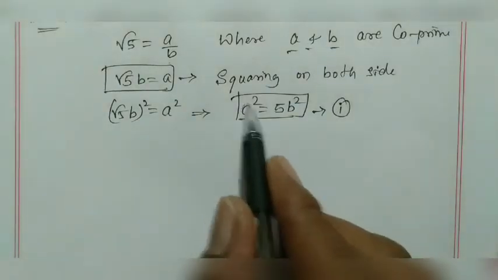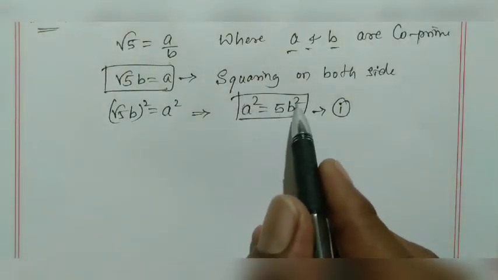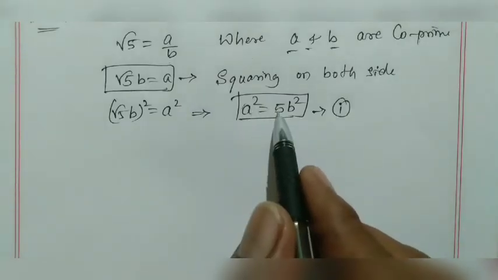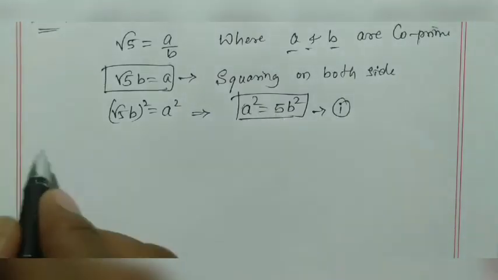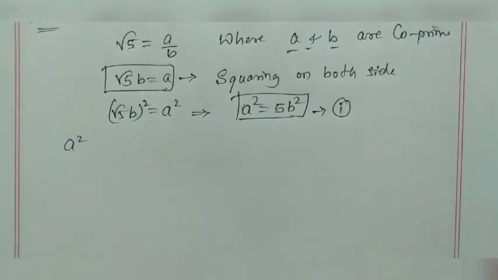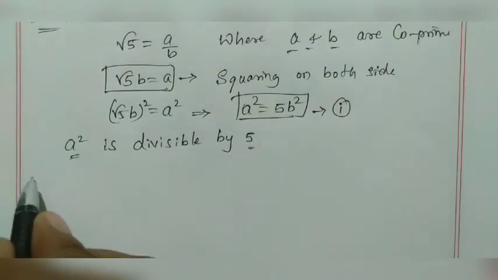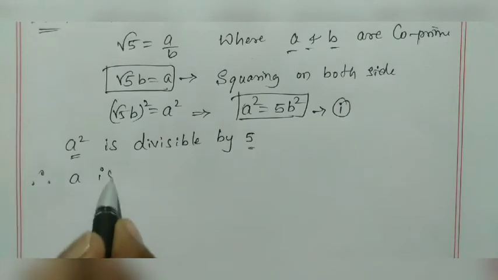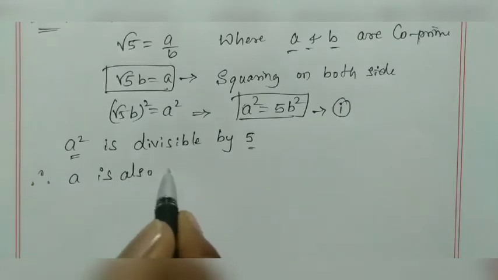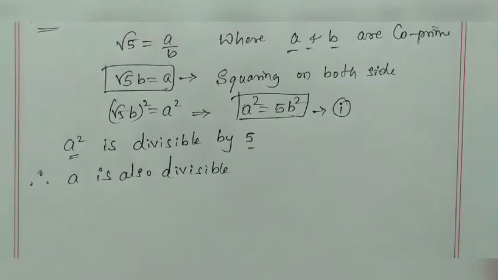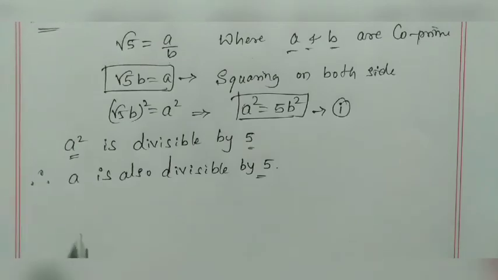See here, a squared is equal to 5b squared. This means a squared is divisible by 5. If a squared is divisible by 5, therefore a is also divisible by 5.